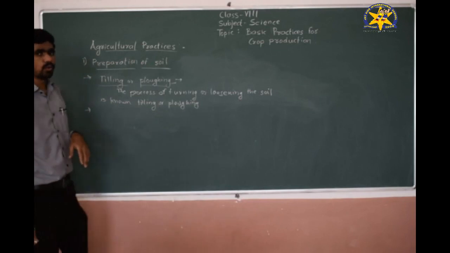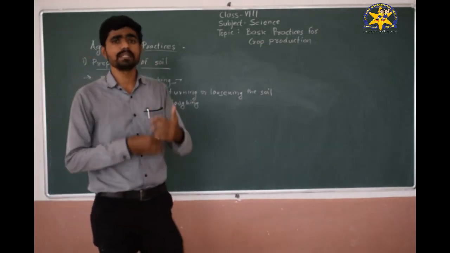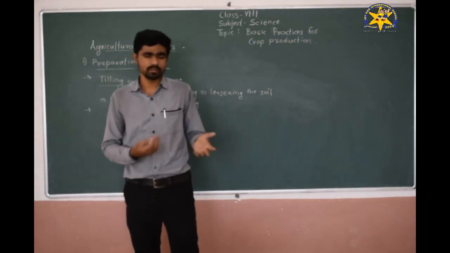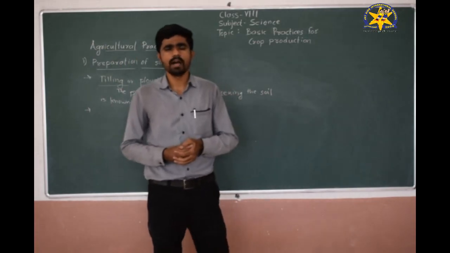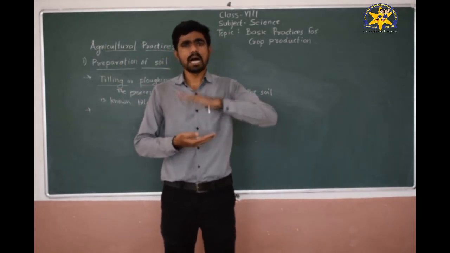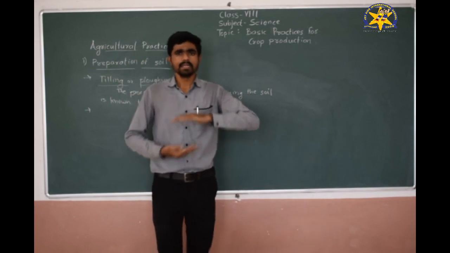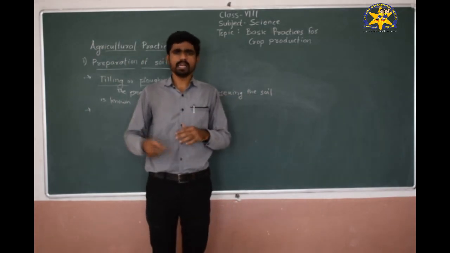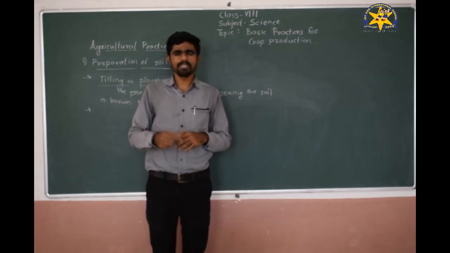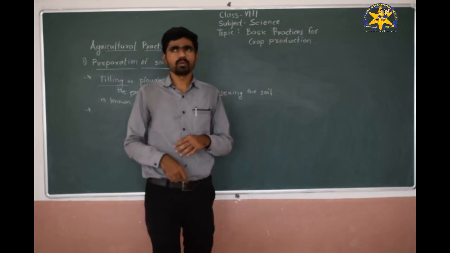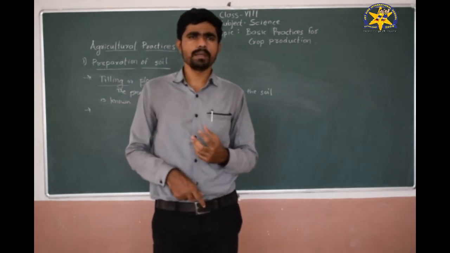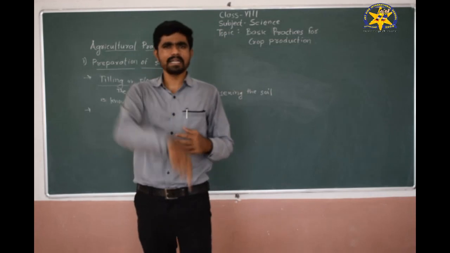First of all, by turning and loosening the soil, air gaps are increased. Sometimes in farms the soil becomes hard, and if soil becomes hard, roots cannot penetrate. Understand this point. If I have grown a wheat crop in cement, will it penetrate downwards?